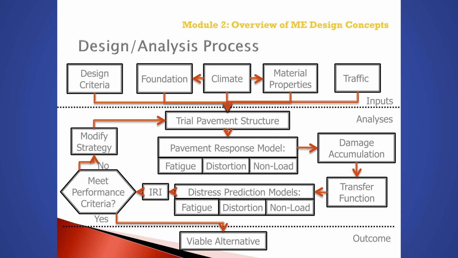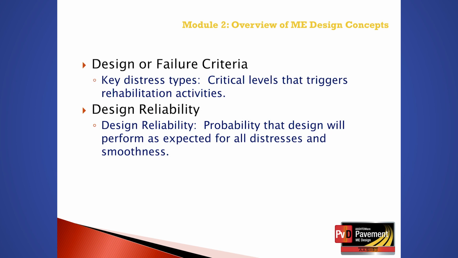The outcomes are the predicted distress over time and used to select viable alternatives that meet the design criteria and reliability. The two key design inputs included in the PMED software to evaluate a specific design include design failure for distresses and IRI and design reliability.